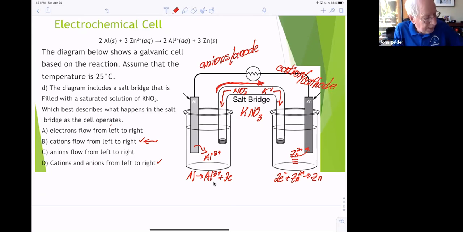However, many students will claim that electrons flow in the salt bridge, and we have to remember that electrons only move in wires, not in solution. And so charge is balanced in solution by the flow of ions, while charge is balanced on wires through the movement of electrons.